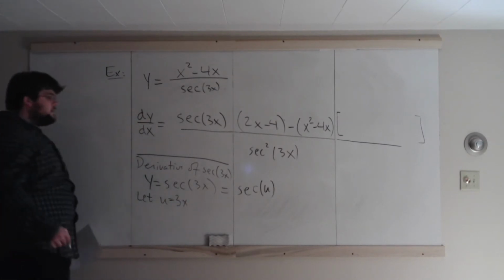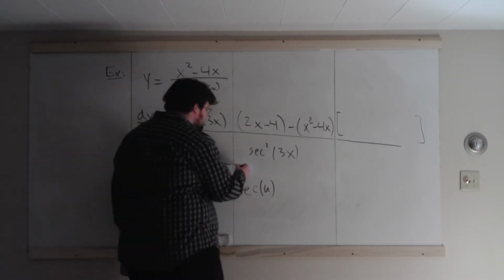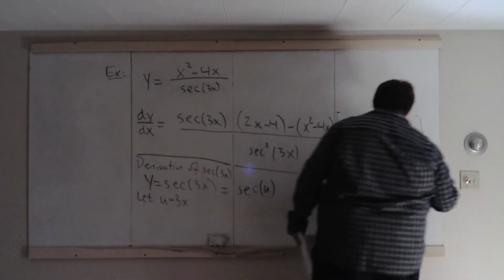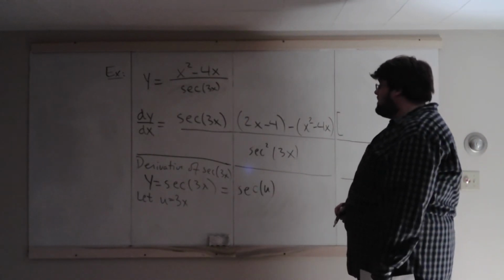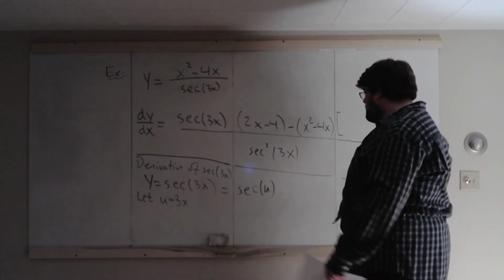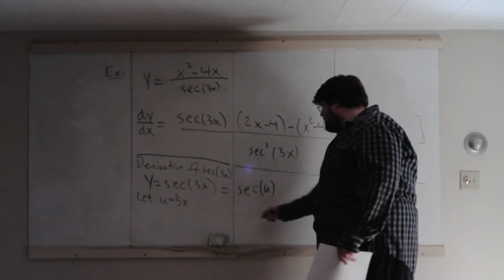So that y is now secant of u. This is all side work. This isn't another division. This is side work. So we have y is secant of u equals 3x.